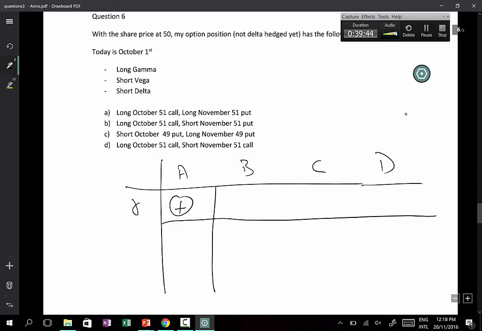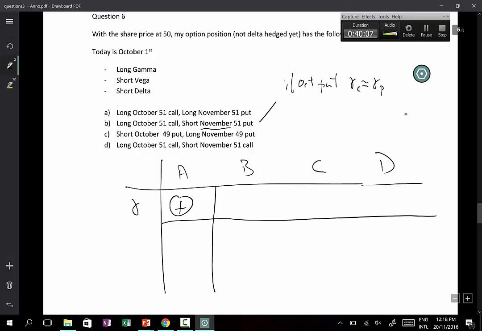Now, for B, if this was an October put, then I think the gamma of the call and gamma of the put would be roughly equal. Okay. Now, because it's a November put, the gamma would be different.